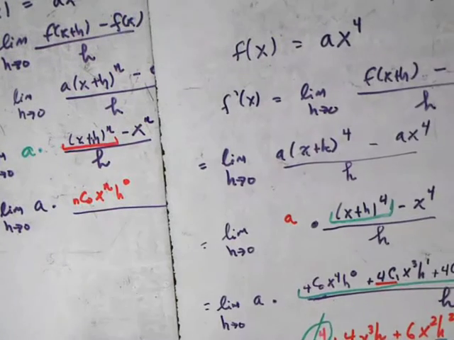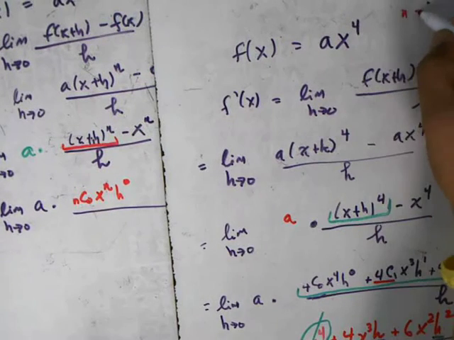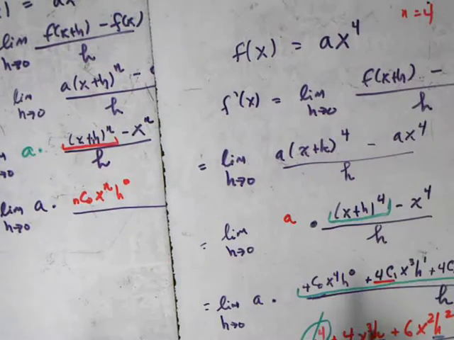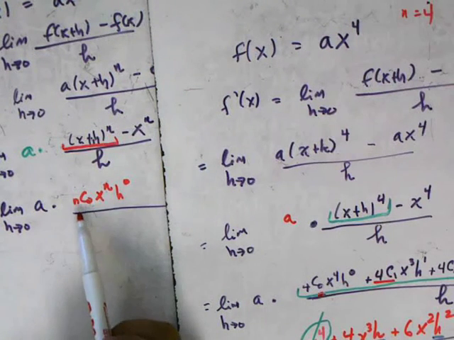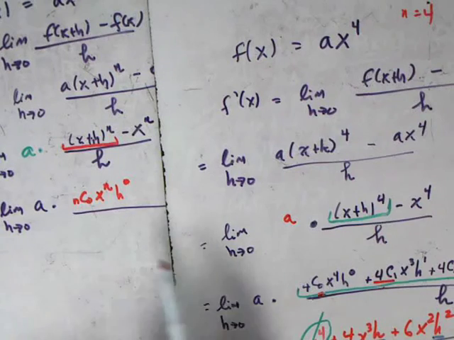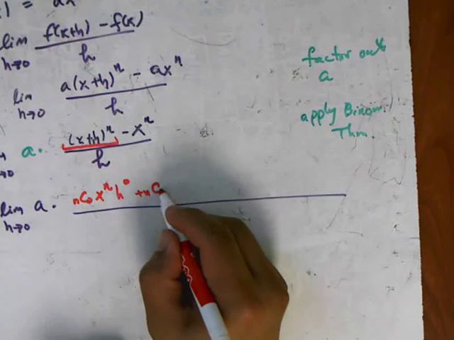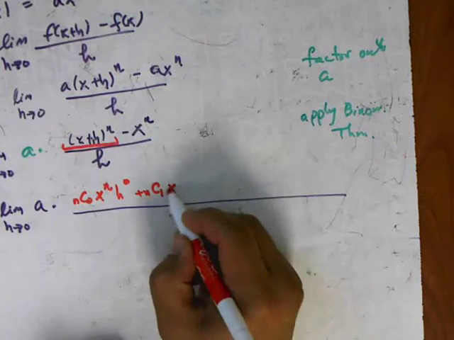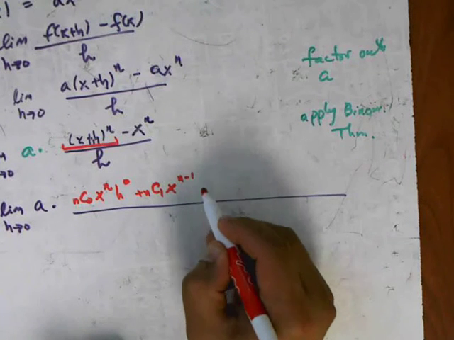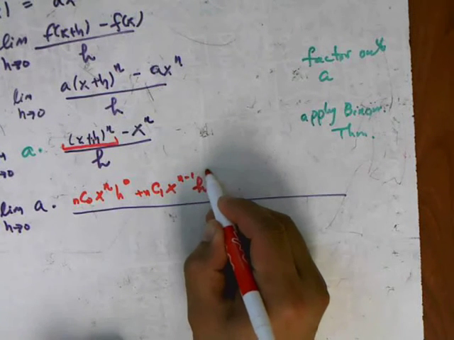In our particular example, n is equal to 4. So instead of saying 4 choose 0 in this step, we're just saying n choose 0. Instead of saying 4 choose 1, we're going to say n choose 1. So plus n choose 1, x to the n minus 1, h to the first.